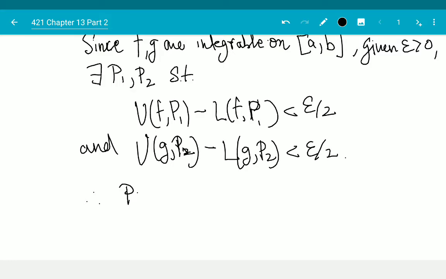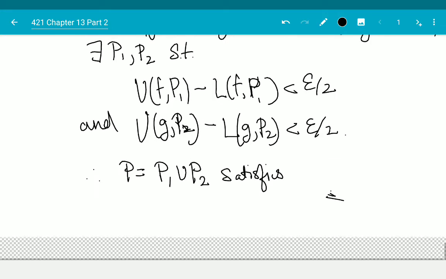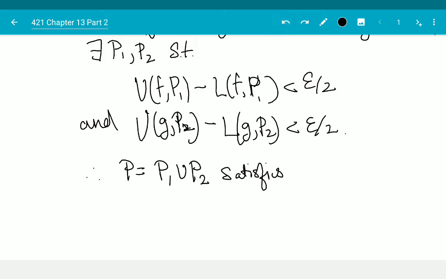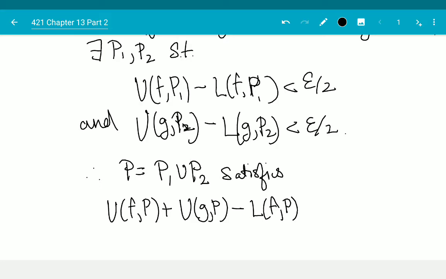Yes. Therefore, P is equal to P1 union P2, which satisfies U(f,P) + U(g,P) - L(f,P) + L(g,P) smaller than epsilon.